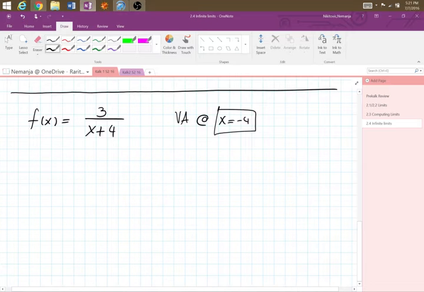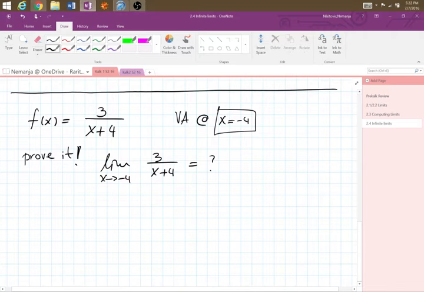Now, let's prove that. Well, all I need to do is to say limit x goes to -4 of 3 over x plus 4 is equal to what?